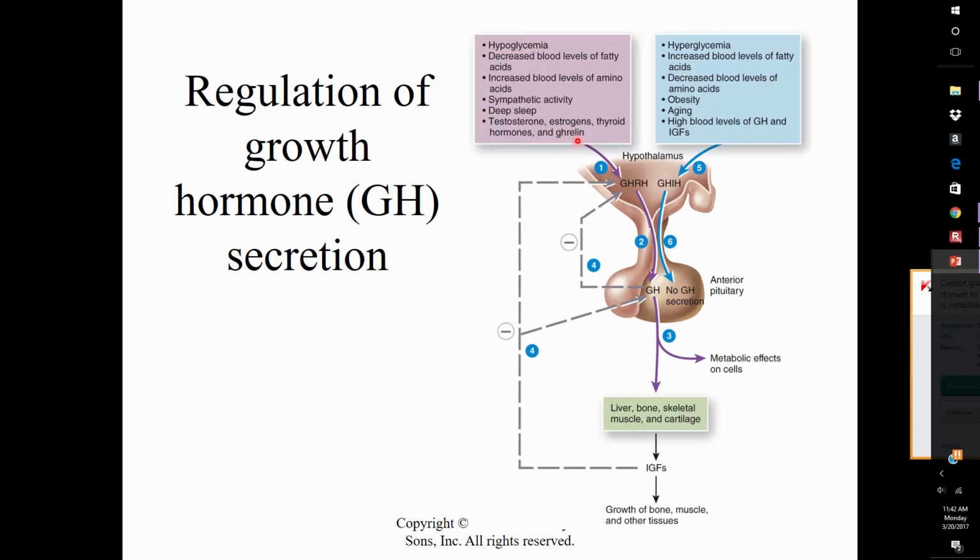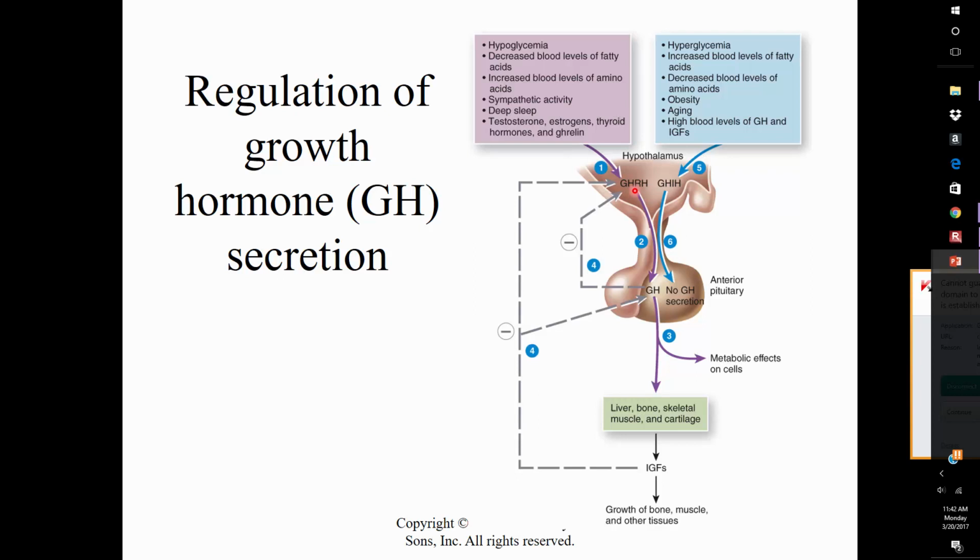This is a hormone you produce when you're hungry called ghrelin. All right. So if you're low in nutrition, if you have acute stress, if you're sleeping deeply, or some other hormones, those will stimulate growth hormone releasing hormone.